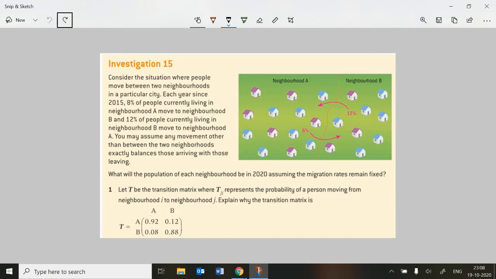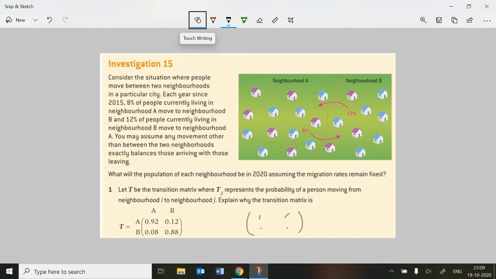That's your transition matrix. This is where we start, this is after 1 year. So if you remember from before, if it's a regular transition matrix, it should tend towards two probabilities which are the same.